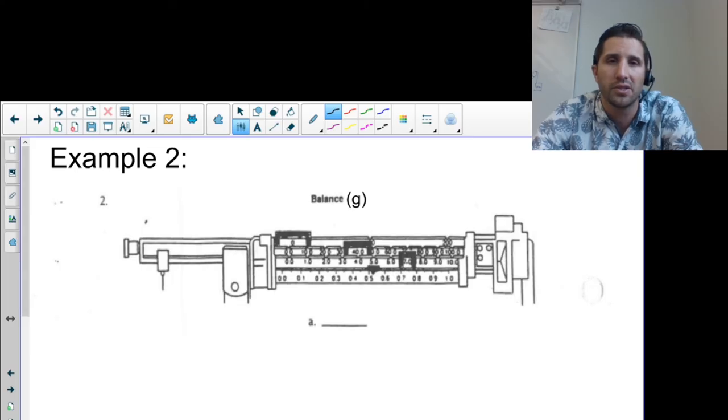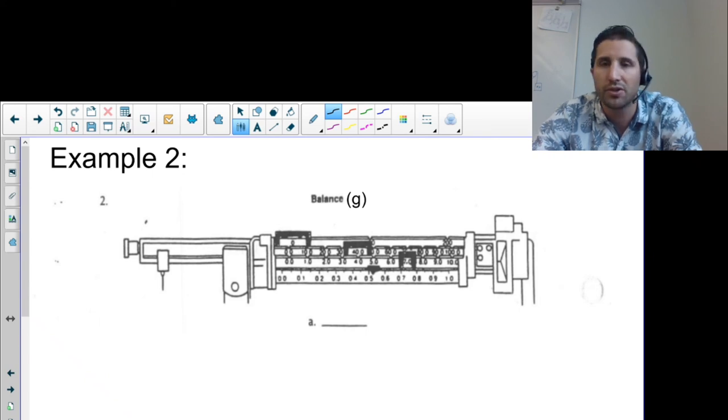This balance is in grams. On the top beam there, it's 0, there's 100 and 200. There's no hundreds. We have 40, and then a 7 here. You can see the 0.5 and the 0.6 there, but the arrow is somewhere between 0.5 and 0.6, so I have to estimate that last digit.